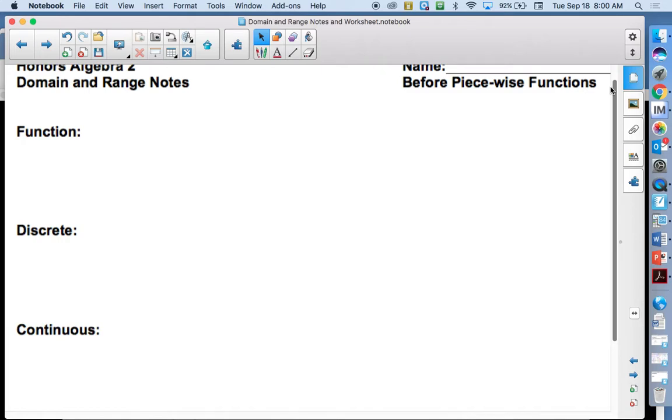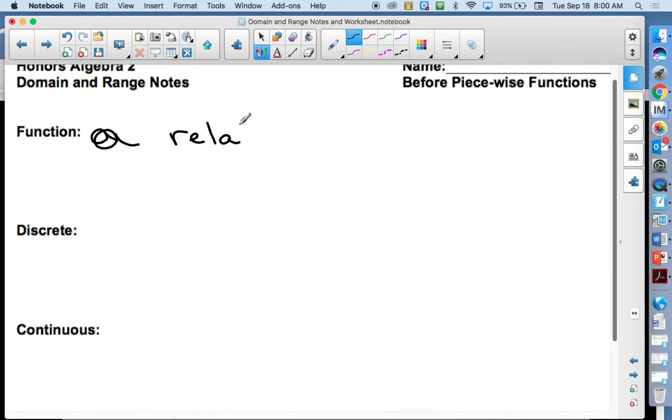So, does anybody remember what a function is? Julian, what's a function? It's an expression where each input has... And he said an expression, and I'm just going to say relation, where each input has exactly one output.